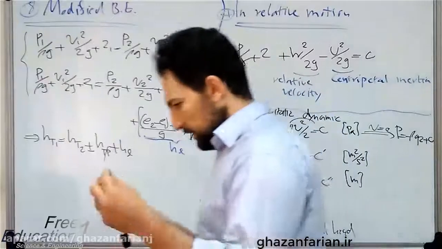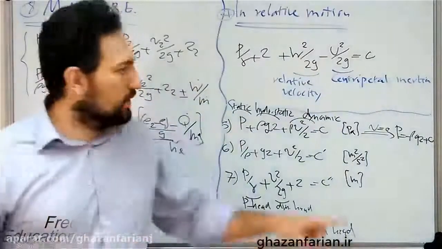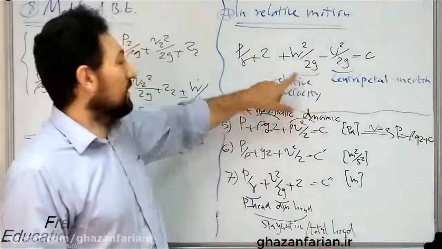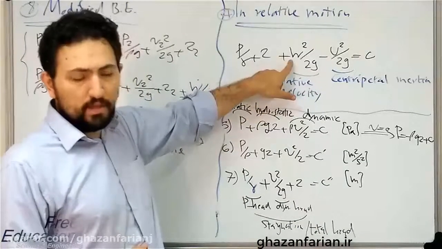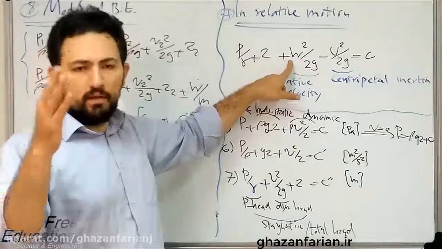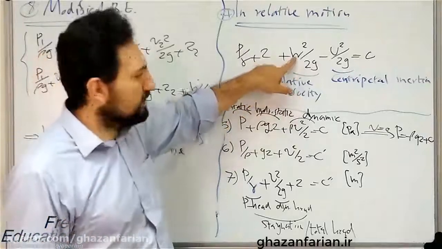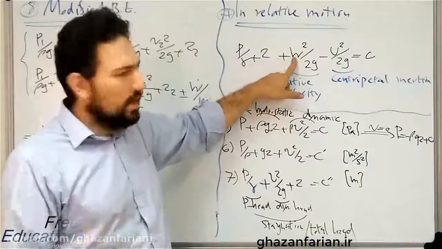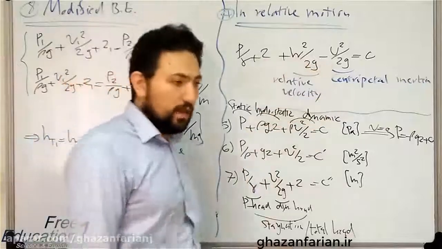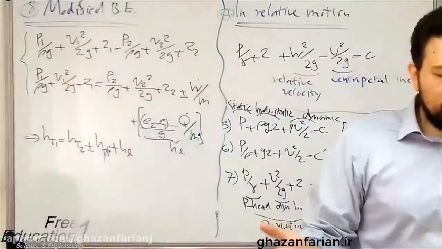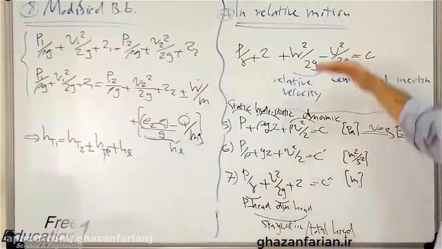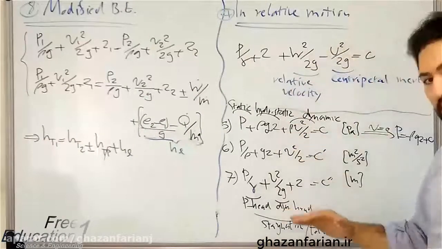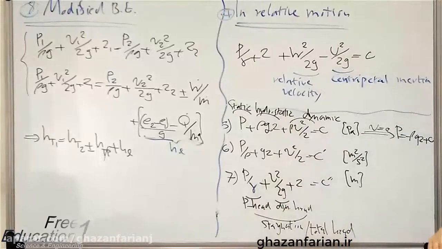If the pump stops, then this term vanishes, and again W, the relative velocity, will become the absolute velocity. So you can replace W with absolute velocity and omit this term when we have no relative motion. So in this limiting case, that equation reduces to the standard form of the Bernoulli's equation.